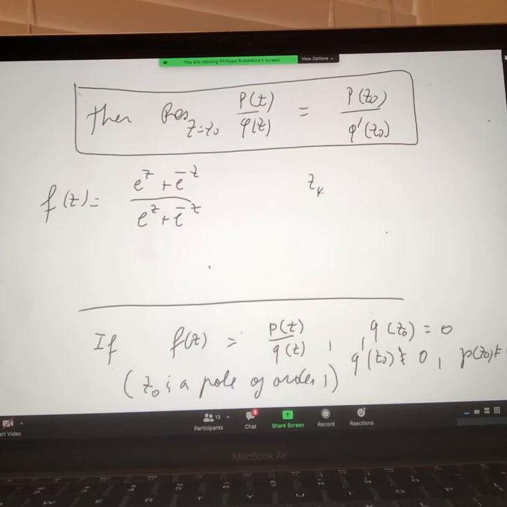We have found the singularities z_k, which are pi over 2 plus k pi i. They are 0 of e^z plus e^-z, but not 0 of its derivative, so these are simple poles.